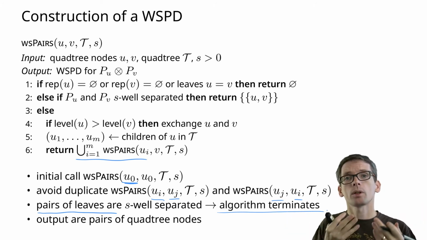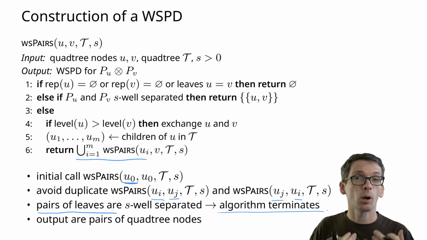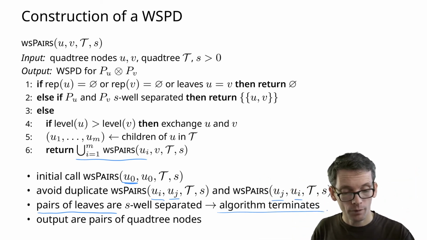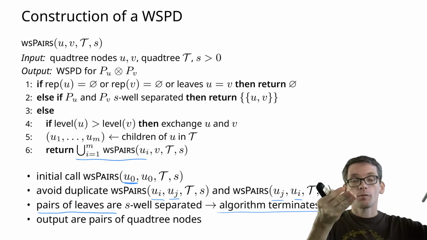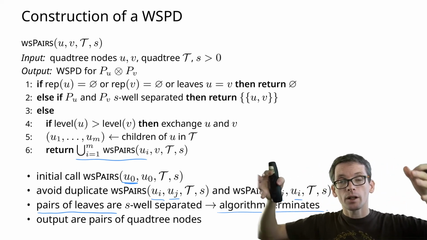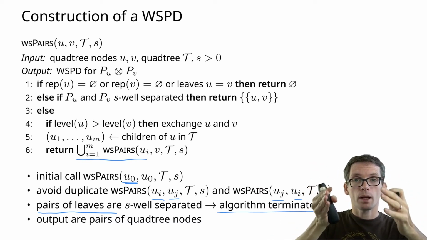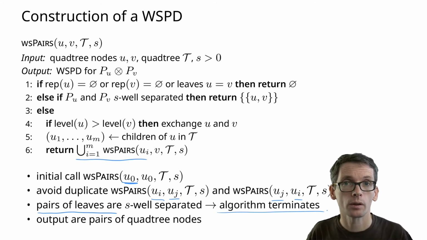And the output we are going to represent as pairs of quadtree nodes. This will also allow us to get a compact representation. If I would actually list the Ais and Bis as sets of points, then these lists could get very large. But I'm simply reporting every pair by two quadtree nodes, so every pair I can represent with a constant amount of storage.